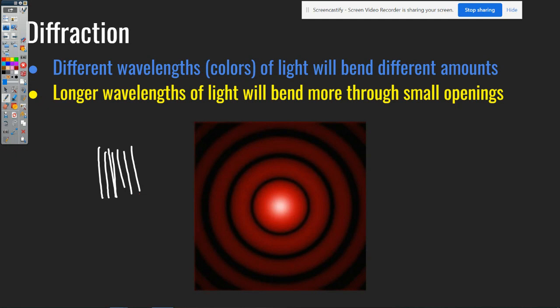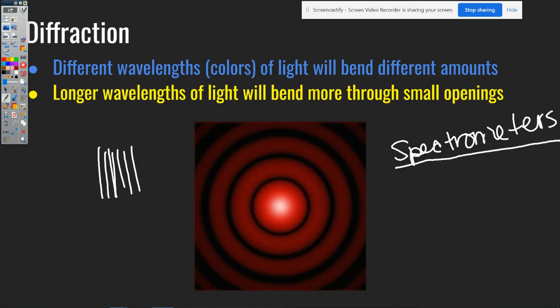There are also devices called spectrometers, which are used in everything from chemistry, to identify chemicals or substances, to astronomy, to determine which range of light waves is being emitted from a celestial object. Those are both examples of how we use diffraction of light to tell us about things that exist in our world and in our universe.